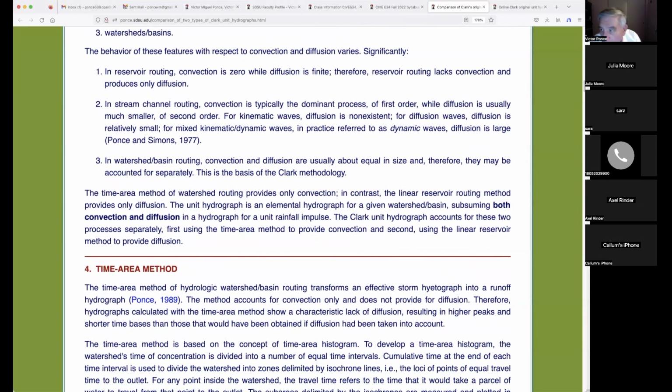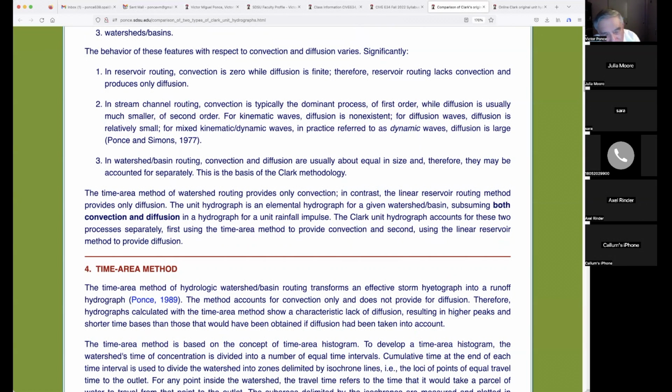And also we know, this is reiterating, that the time area method provides only convection. That was identified clearly by Clark in 1945. Let's also drum this in: the issue of convection had already been identified in 1889 by Kuchling, who purportedly developed the rational method.